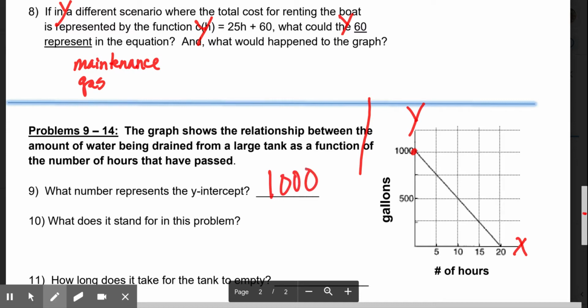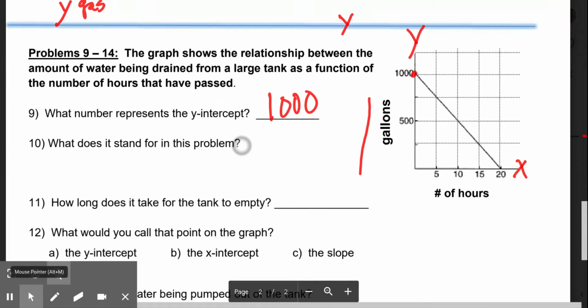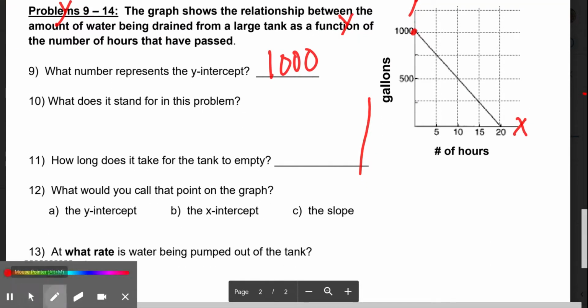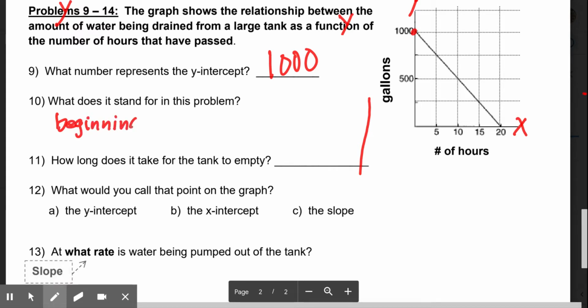All right, then it says, what does it stand for in this problem? Well, that is the beginning amount of water.